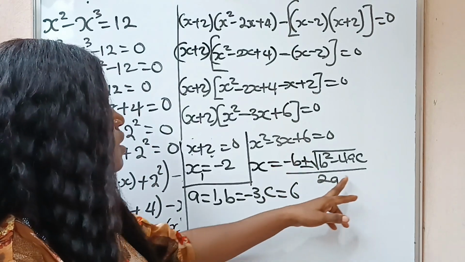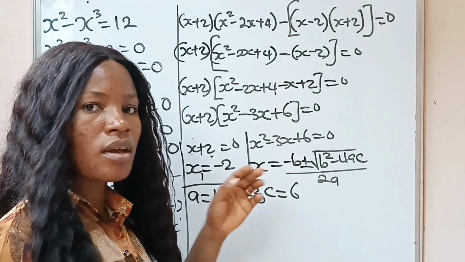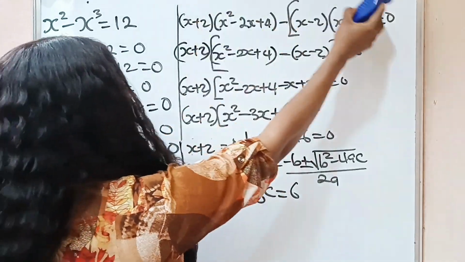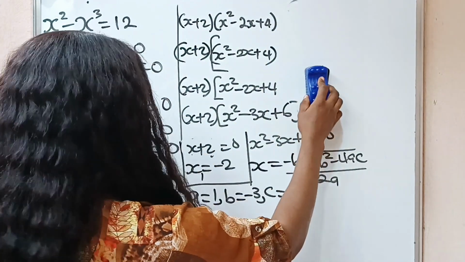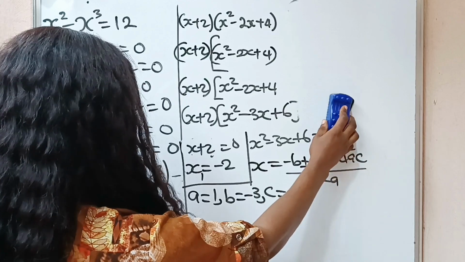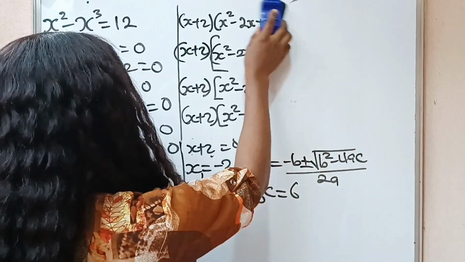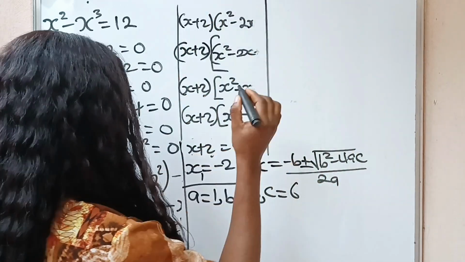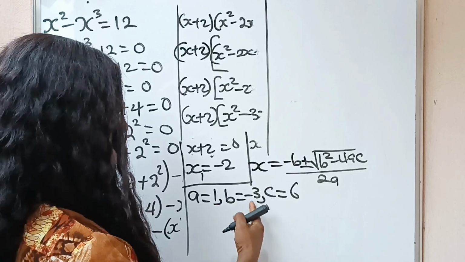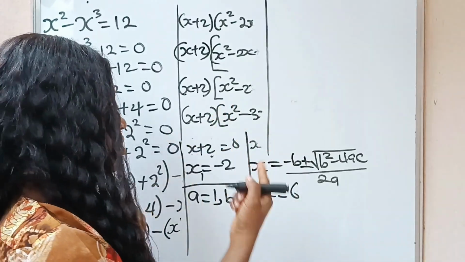Now, let's substitute this into the formula. Our a is 1, our b is −3, and our c is 6.